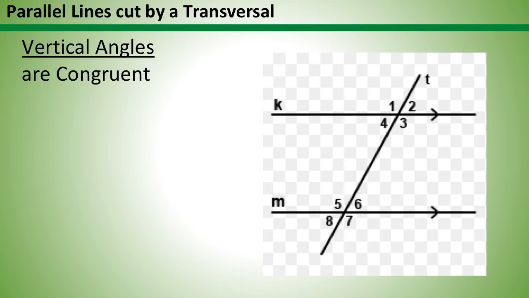As a review from last week, we talked about vertical angles, and we do see vertical angles here. Remember, vertical angles are always created by two straight lines that intersect, and these vertical angles are going to be across from each other. So 1 and 3 would be vertical angles, and 2 and 4 are also vertical angles.